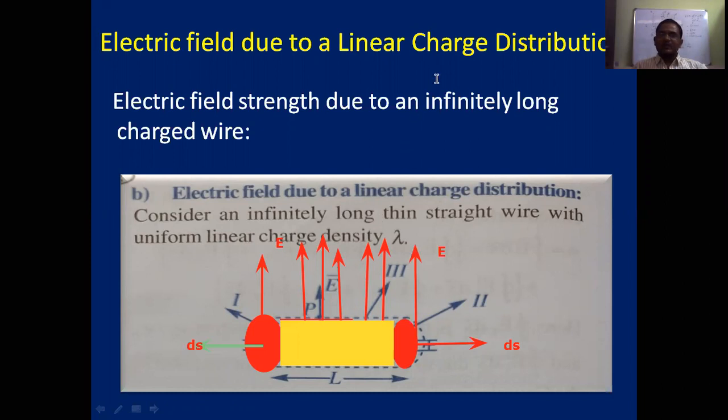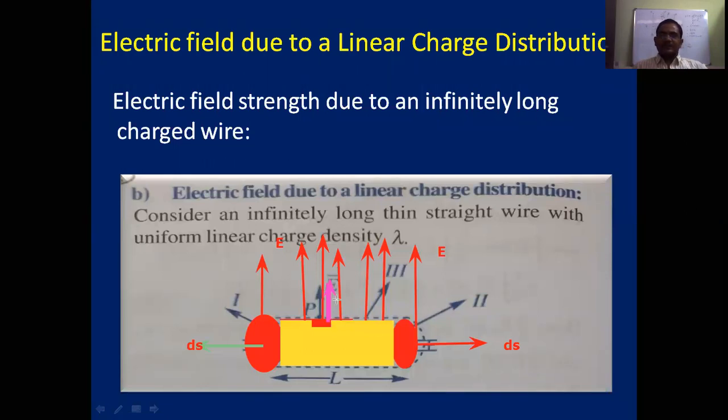So for that I am considering a small area element ds at the point P. What is the direction of ds bar here? It is perpendicular to the surface, in this direction. The E bar direction is the same, so E bar and ds bar are both parallel.